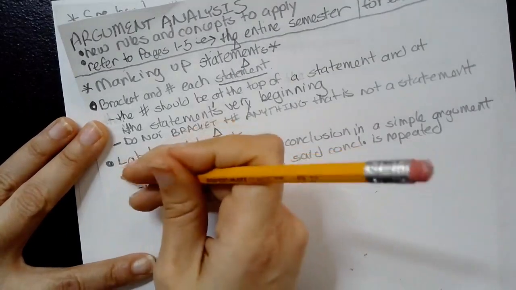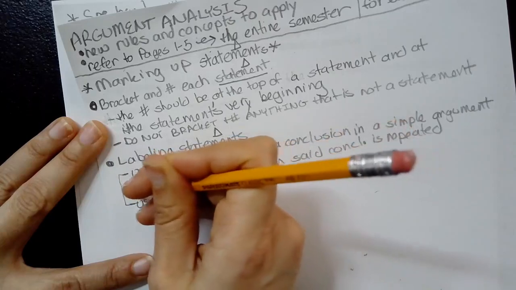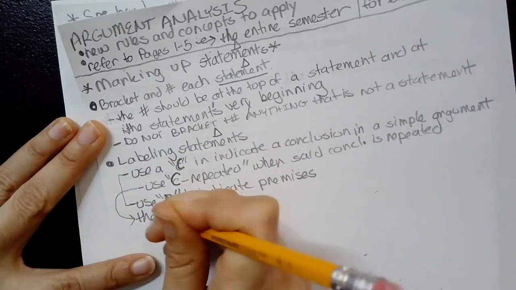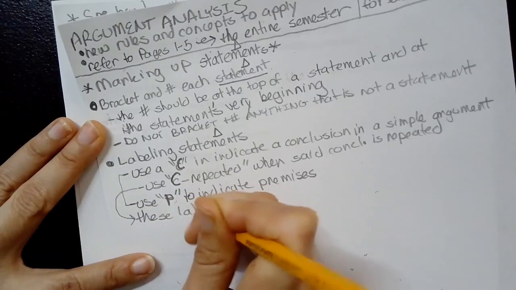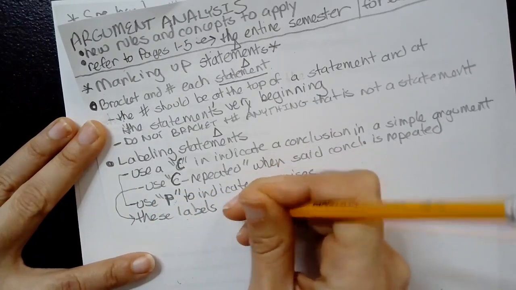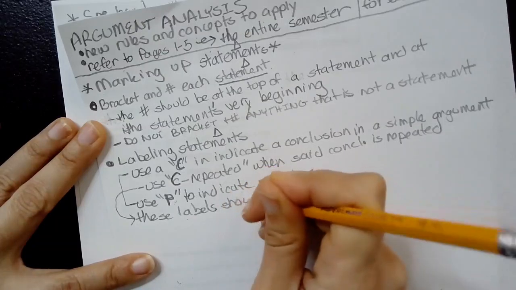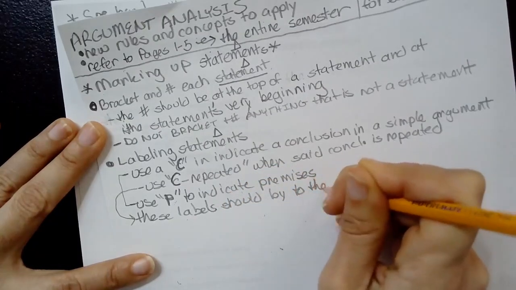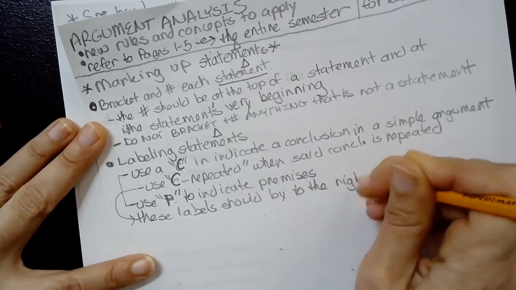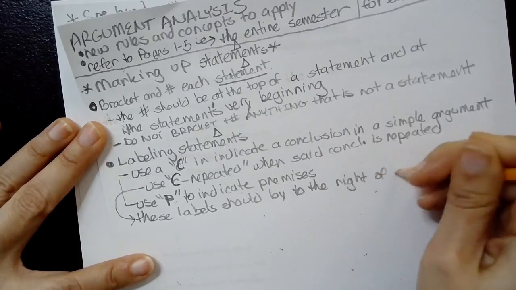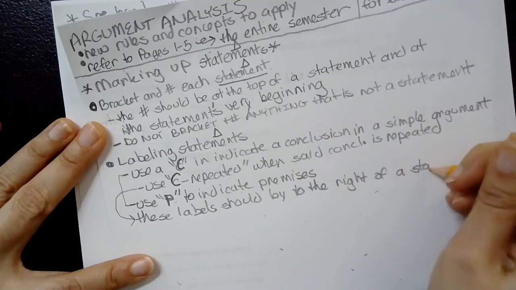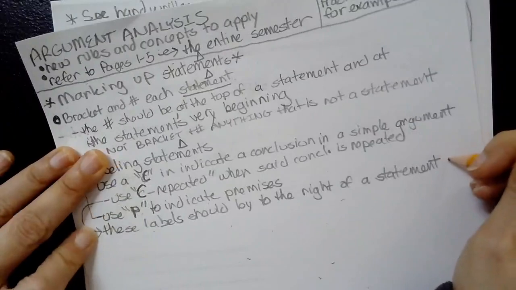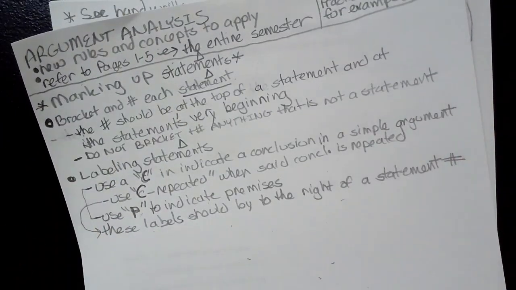All right, so now when it comes to all of these, okay, these labels should be to the right of a statement. What do you think I'm going to say? Number.